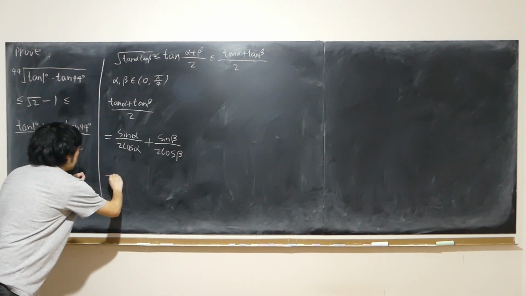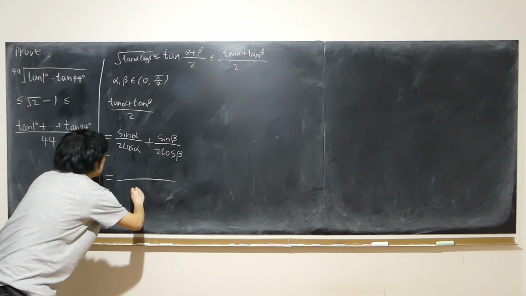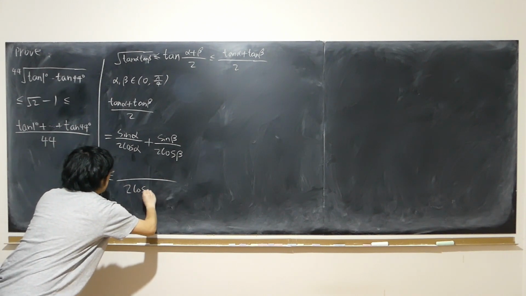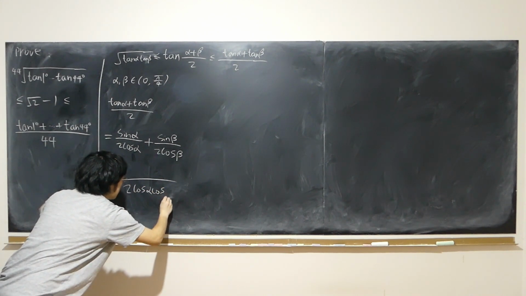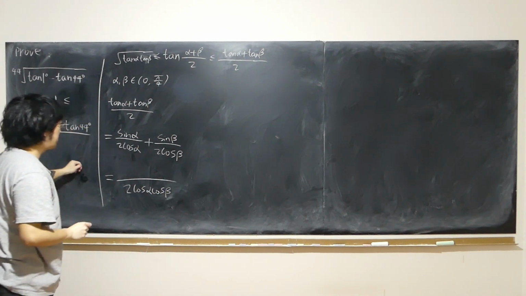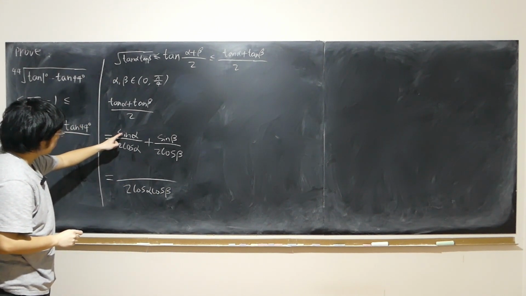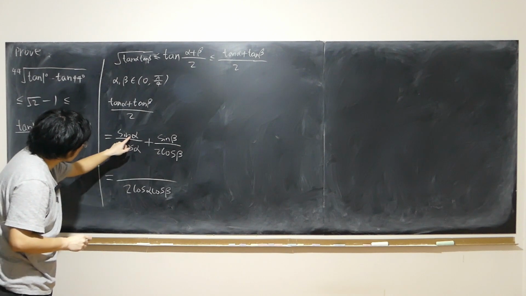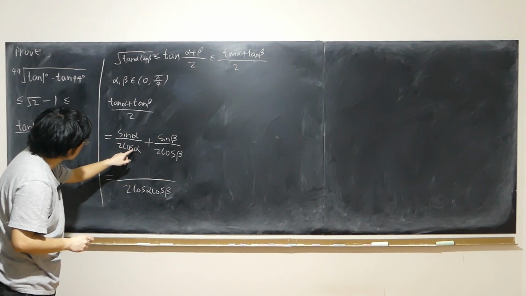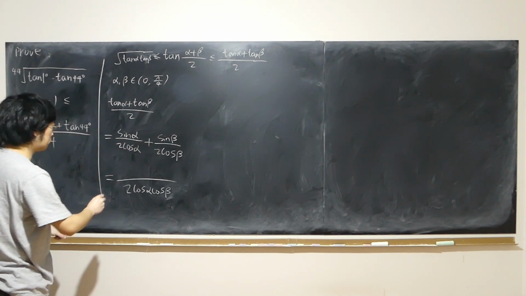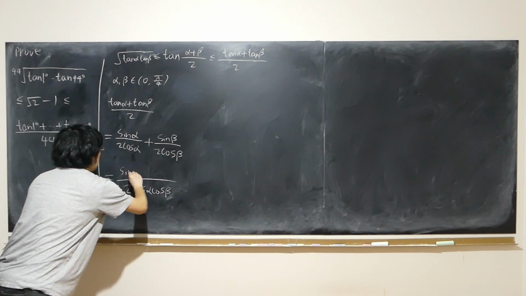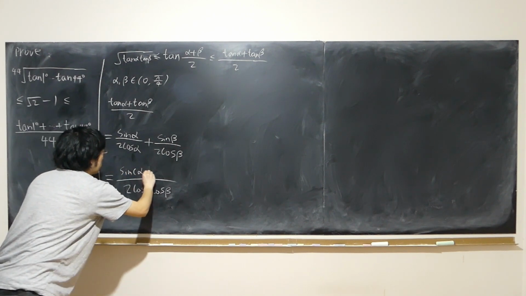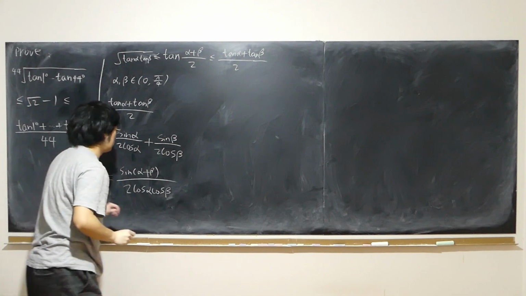And that is equal to the common denominator, that is twice of cosine alpha cosine beta. Okay? Then we can say sine alpha times cosine beta plus cosine alpha times sine beta, angle sum, sine alpha plus beta. Right?